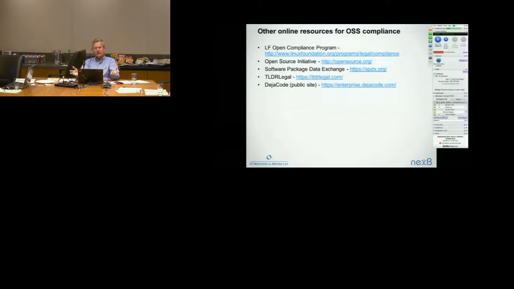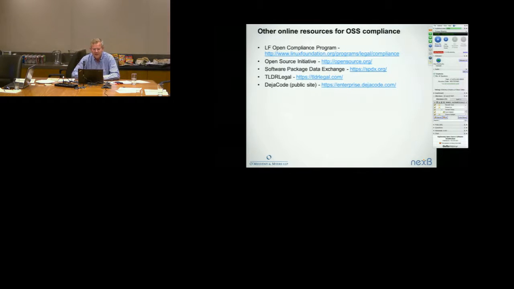SPDX is an effort where many software producers band together, trying to define a format to exchange information about provenance and license efficiently, so that someday, hopefully, scanning and matching would be a non-issue.